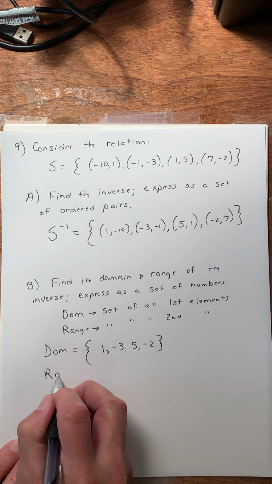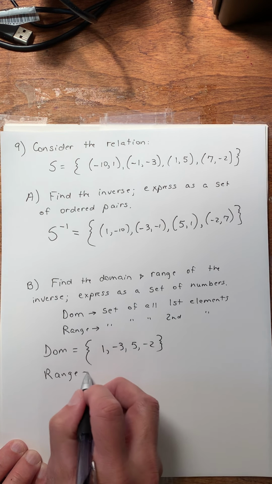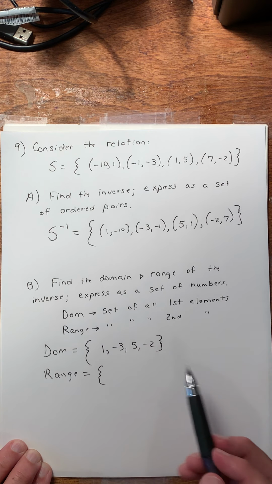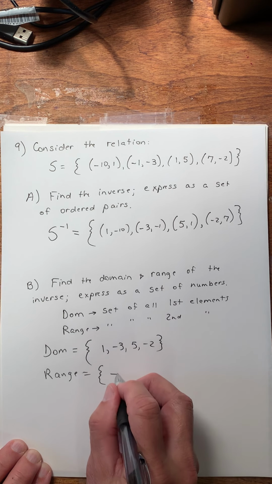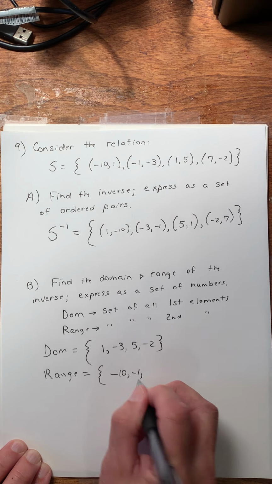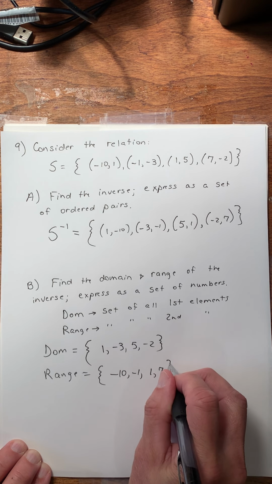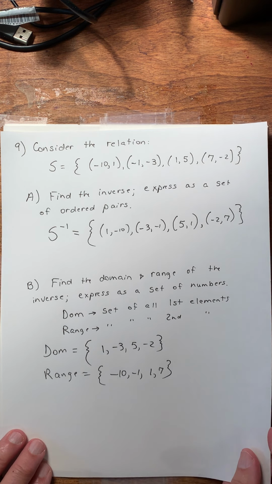And likewise my range, the set of all second elements, expressed again as a set of numbers: -10, -1, 1, and 7. And that's as straightforward as that is.